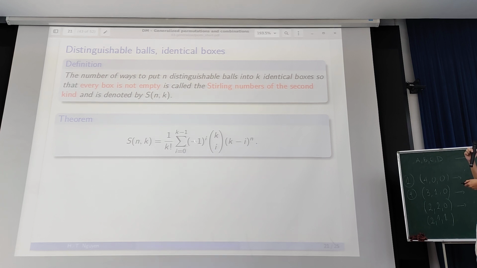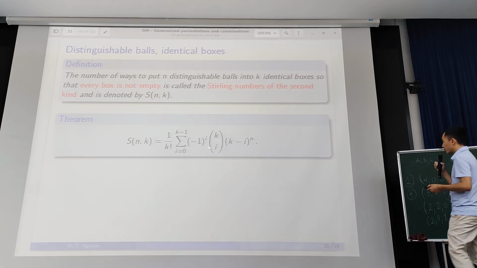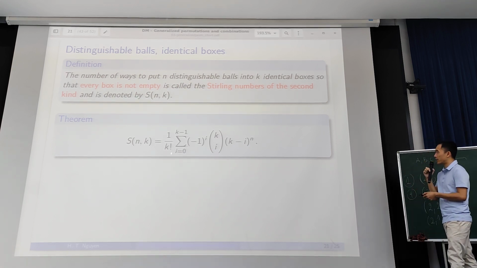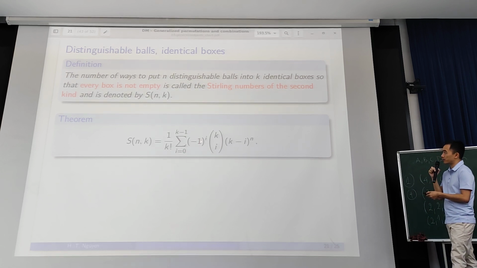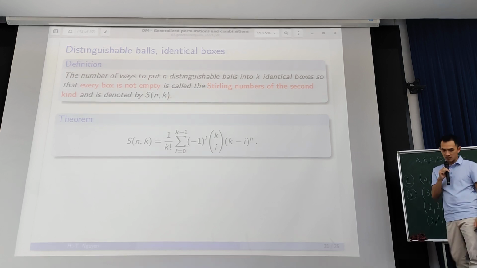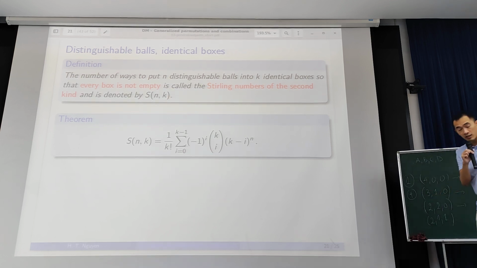Whenever there is a (-1) to the power of something, if i is 0, then the sign is plus. In general, if the index is even, the sign is plus, and if the index is odd, the sign is minus. So this is an alternating sum of these terms.